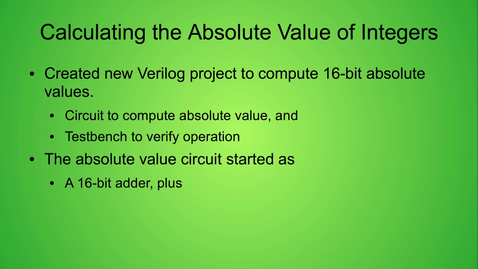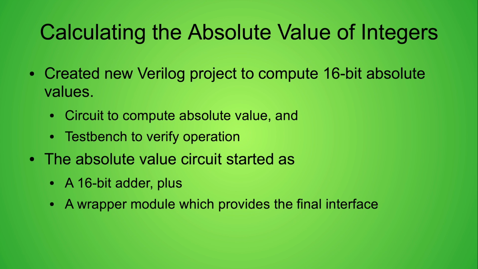To create the absolute value circuit, I started by generating a 16-bit adder using the padder.py script. Then I added a wrapper module called abs.py. The module provides the final interface needed for the absolute value circuit. The wrapper takes a single 16-bit integer input and outputs a single 16-bit integer.